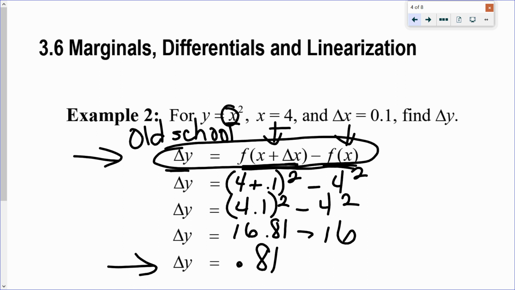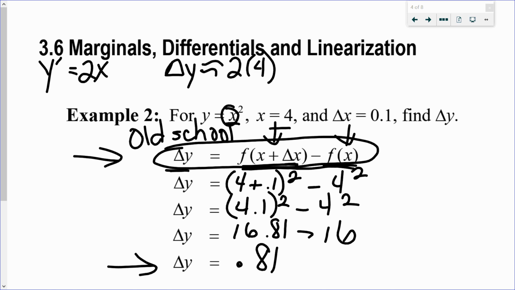On the quiz, you will also be getting y prime, which would be 2x, and you're going to plug the numbers in and get that delta y is approximately equal to 2x, so 2 times 4 times 0.1. All right, that was my delta x.